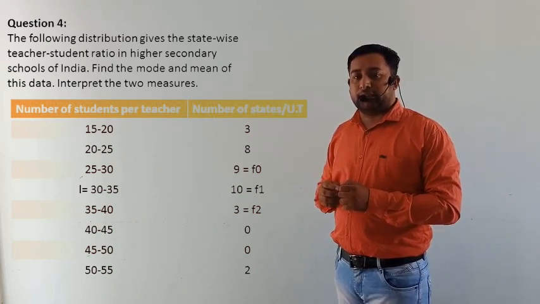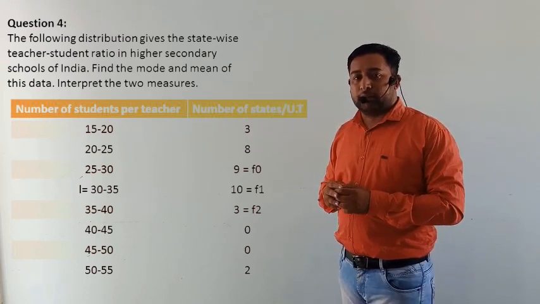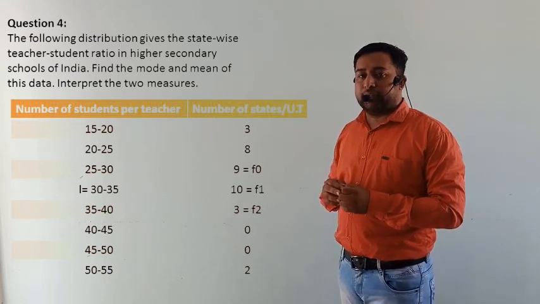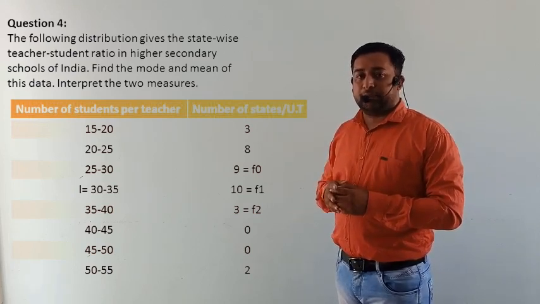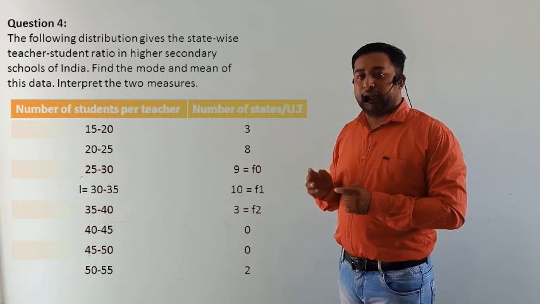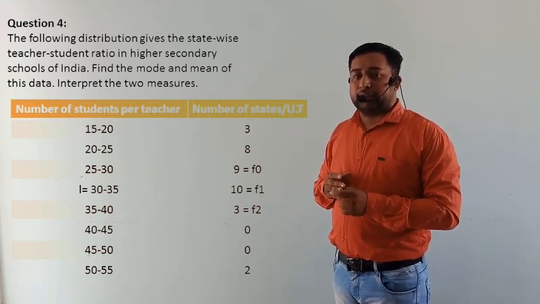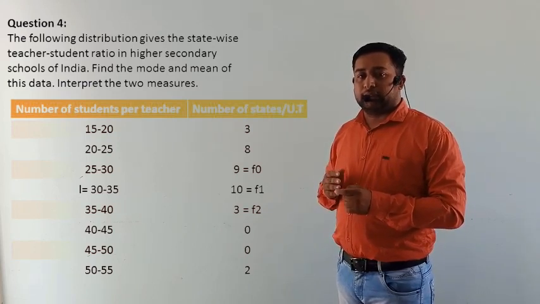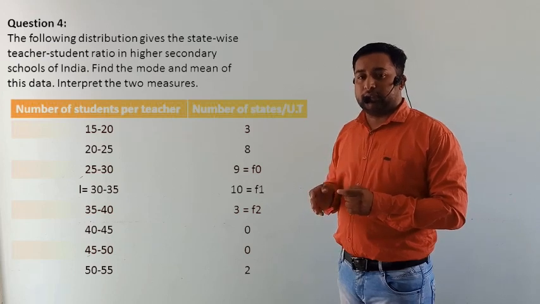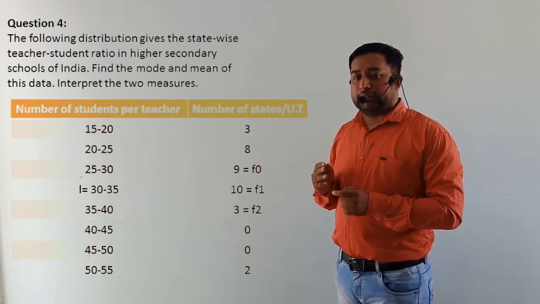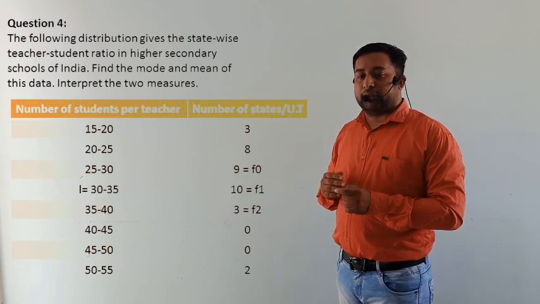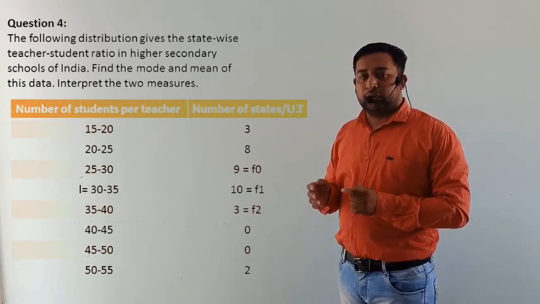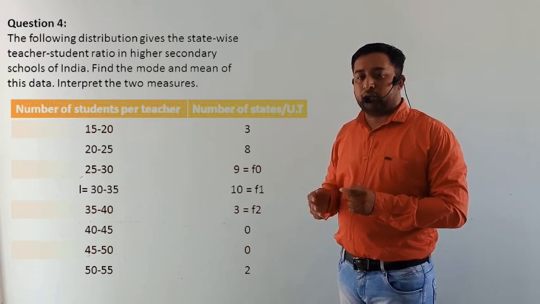Number of students per teacher and number of states. 15 to 20, 3 states; 20 to 25, 8 states; 25 to 30, 9 states; 30 to 35, 10 states; 35 to 40, 3 states; 40 to 45, 0; 45 to 50, 0; 50 to 55, 2.